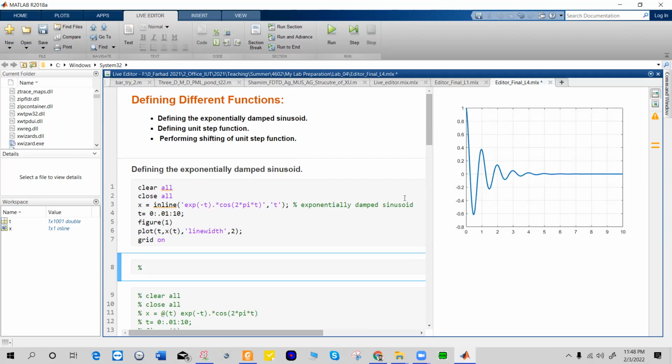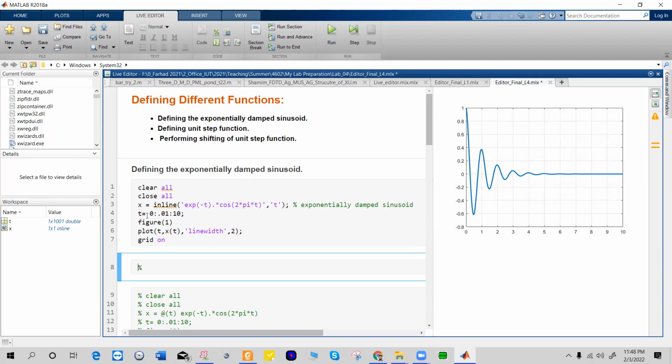So as you can see on the right side, we have the plot of the exponentially damped sinusoid. Again, I'm just giving the recap. In this line, x inline is exponential of minus t into cos twice pi t. With this line, we just defined the exponentially decaying function where t is the variable.